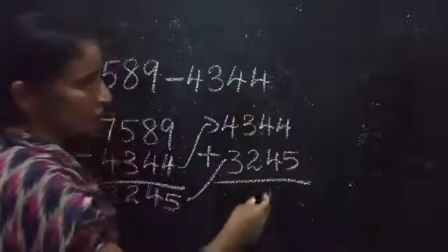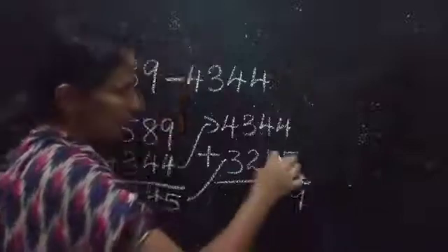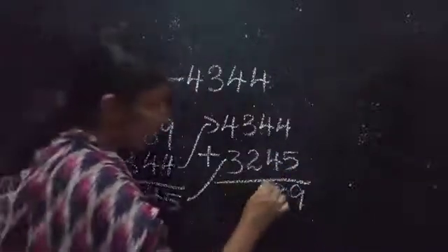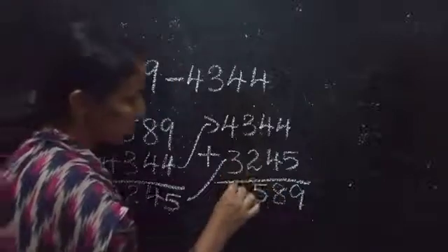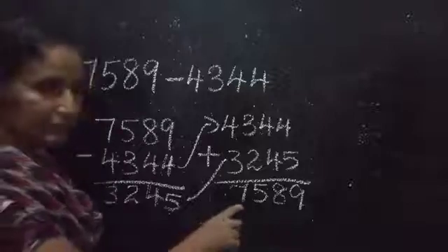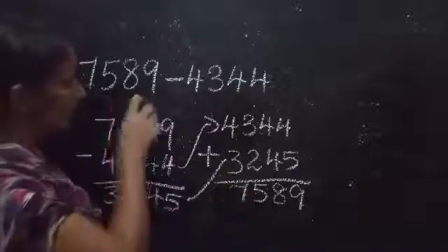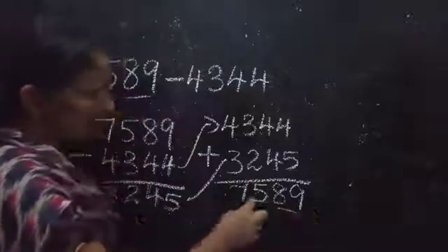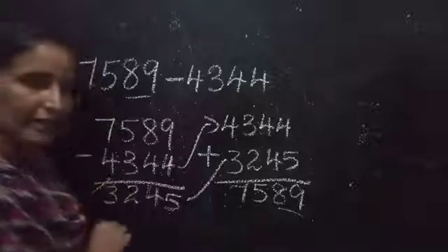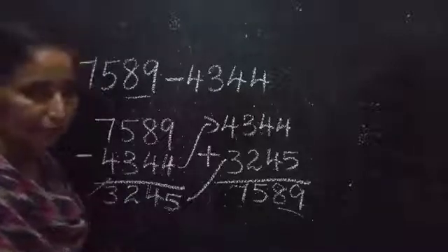Then add these two. 4 plus 5, 9. 4 plus 4, 8. 3 plus 2, 5. 4 plus 3, 7. Okay. So the answer is, just look, 7,589. That means your subtraction is correct. This is the way we can check our subtraction.